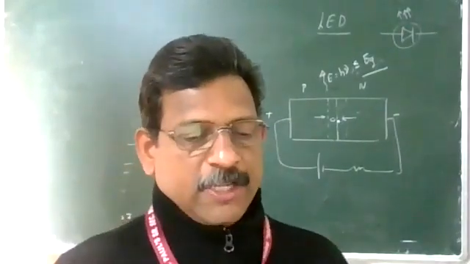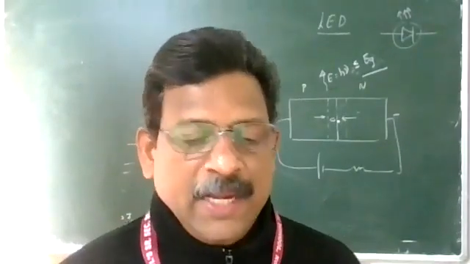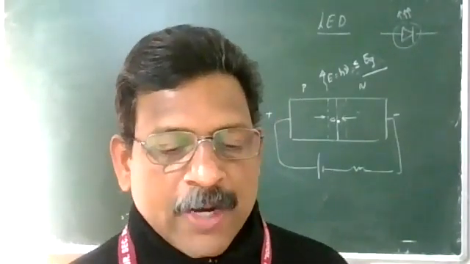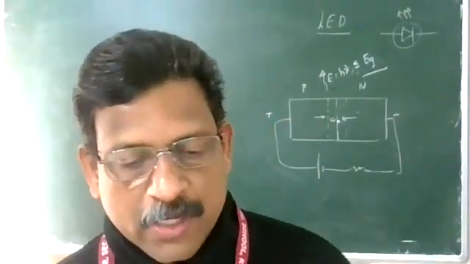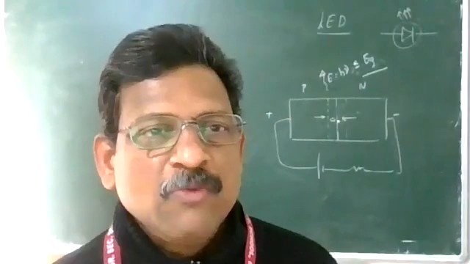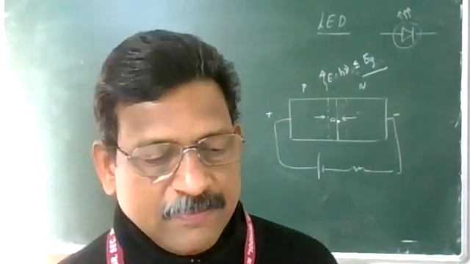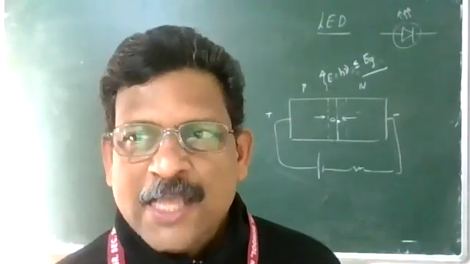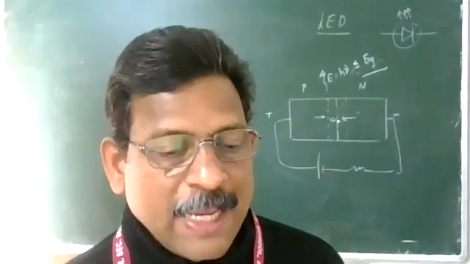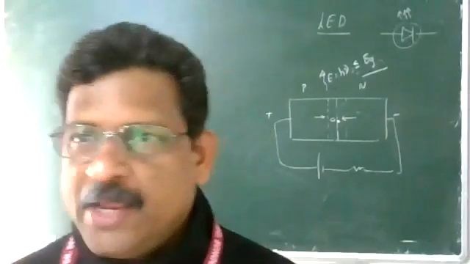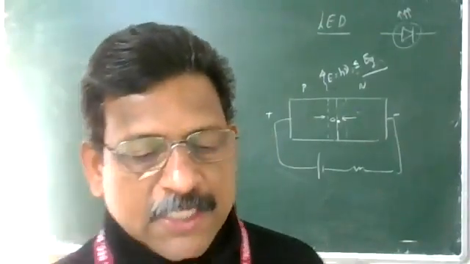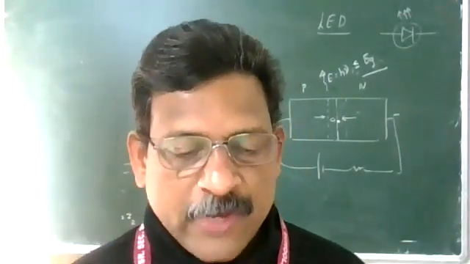Next important point: what are the advantages of LEDs over low power incandescent lamps? How can you compare? Very important point. LED operating voltage is very less, so less power consumption, fast action. And the bandwidth of light emitted by an LED ranges from 100 angstrom to 500 angstrom.